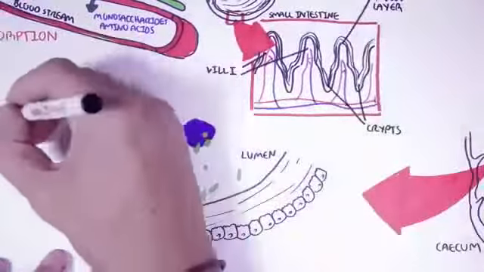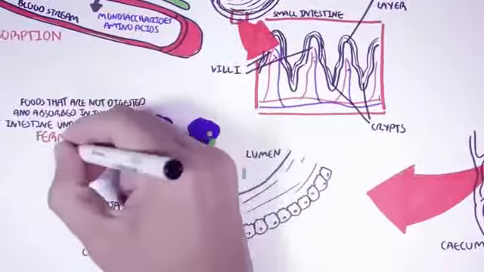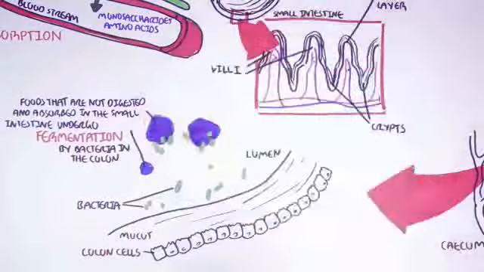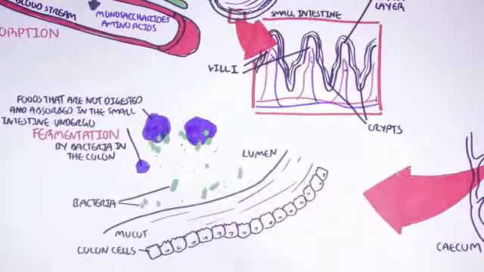So foods that are not digested and absorbed in the small intestine can undergo fermentation by bacteria in the colon. Through fermentation, the bacteria can produce many substances that the human body can use, such as short-chain fatty acids.